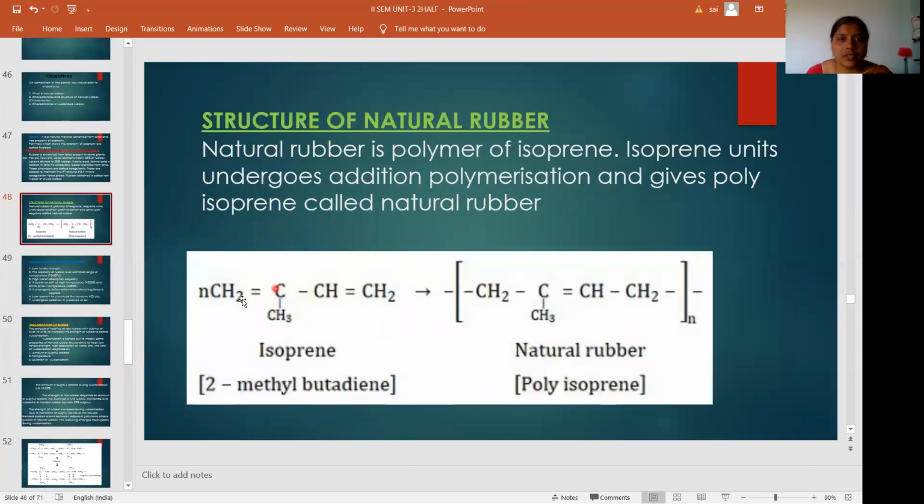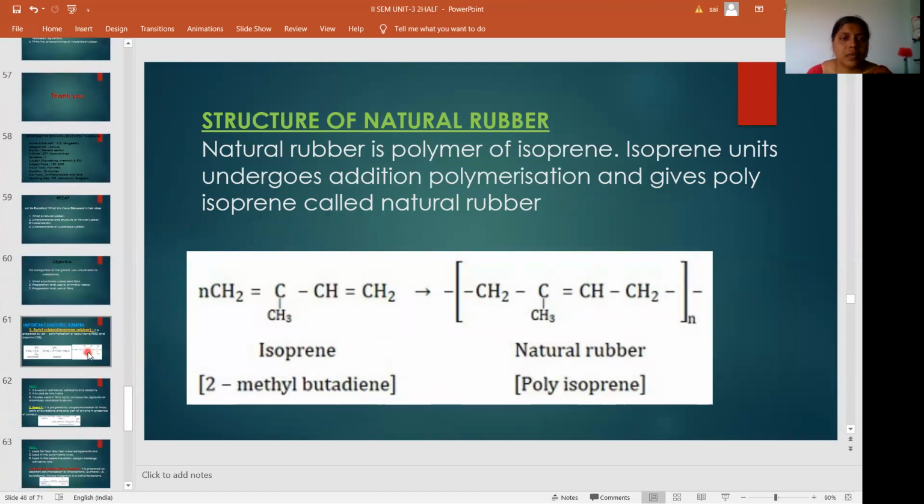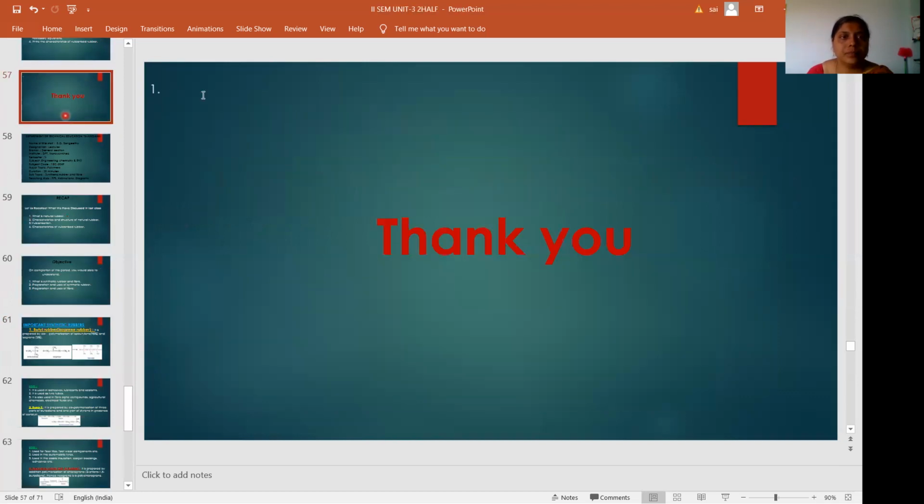If you see here, this is the isoprene molecule. This is the actual structure, with two double bonds: CH2 double bond, CH3, CH2. Then isobutylene. Yes, this was pasted wrongly. The double bond will be there here, so I will write it here.